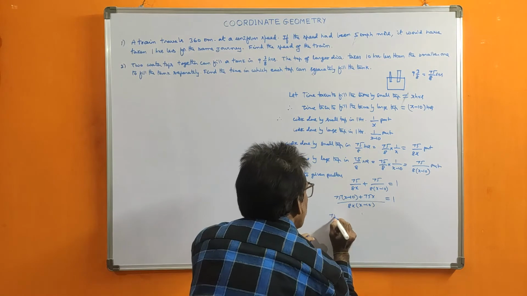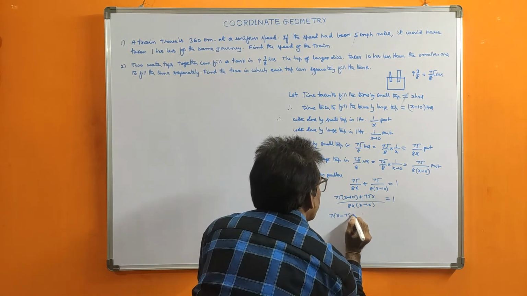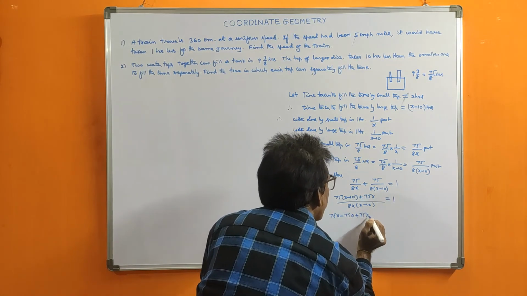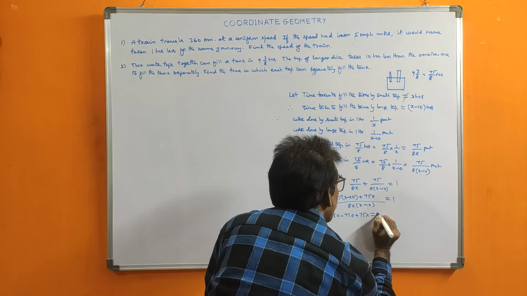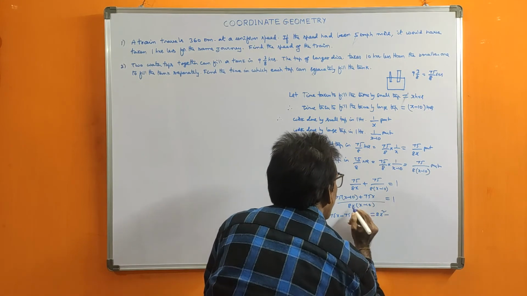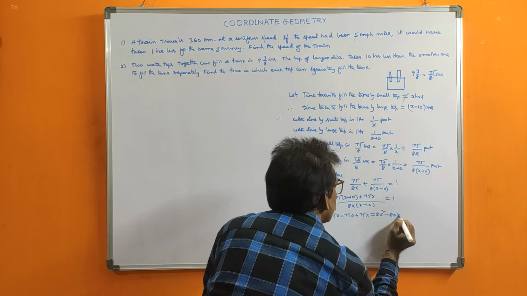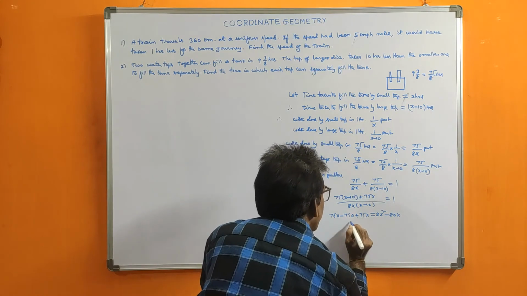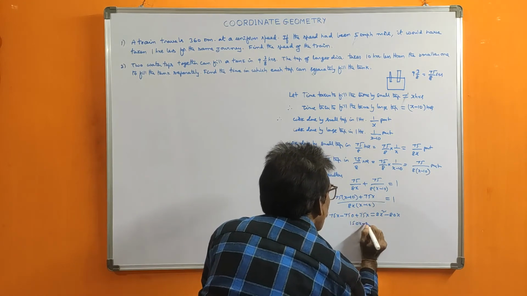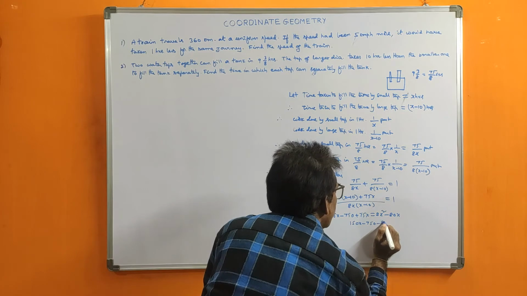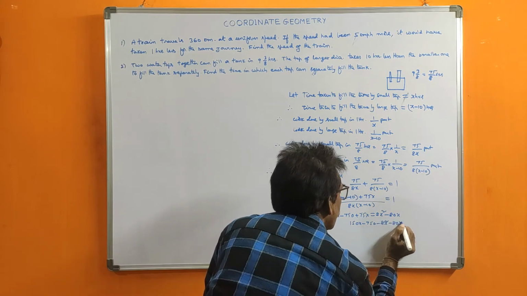That means 75x minus 750 plus 75x is equal to 8x squared minus 80x. So 150x minus 750 minus 8x squared plus 80x is equal to 0.